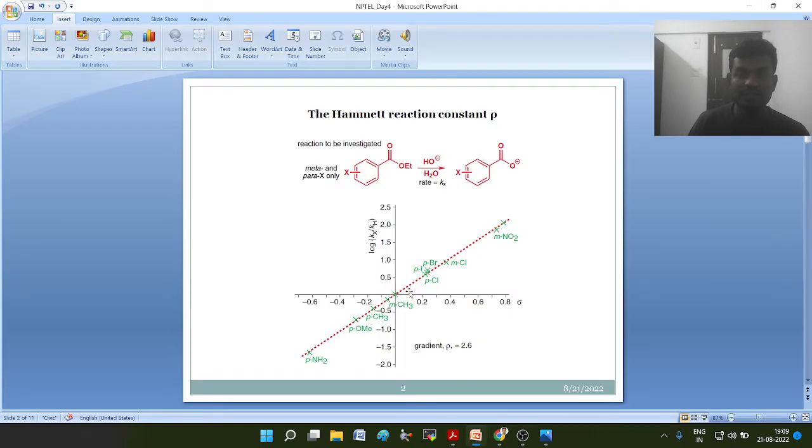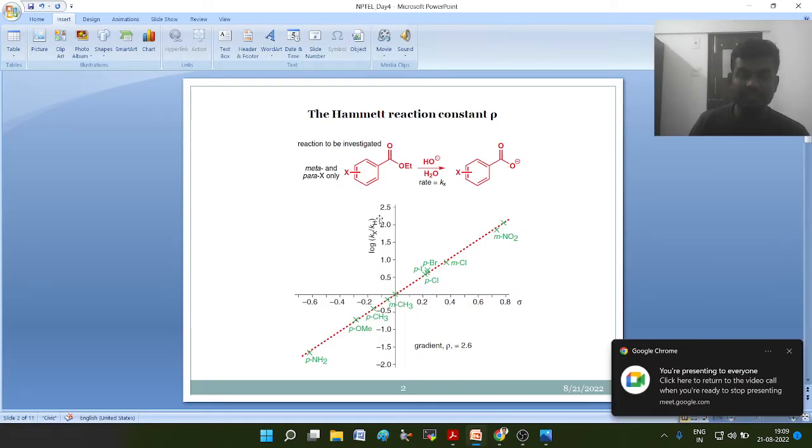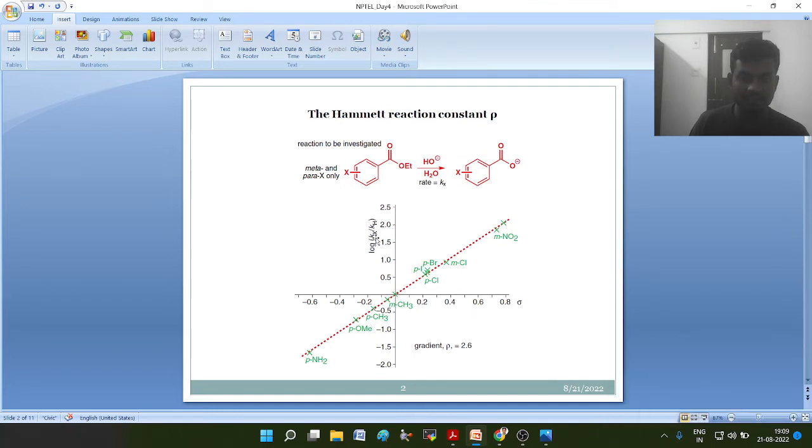So since it's a positive value, we can say that the rate when it is nitro substituted is high. Compared to what? Compared to, remember, we are always comparing with the unsubstituted, that is normal, without any substituent, that is hydrogen. So log of kx by kh is coming at around 2. When it comes to metachloro, we can see the sigma value around 0.4, follow the corresponding x-axis, and you see the log of kx by kh value is around 1.0.